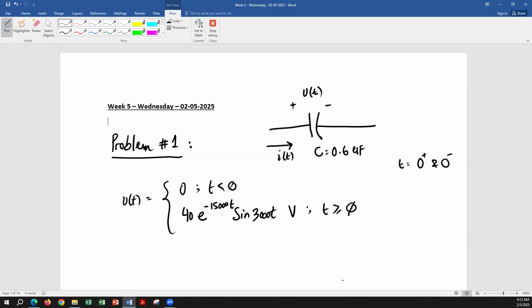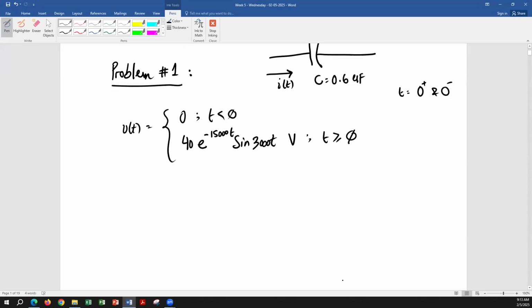So we are going to use that notation of 0 positive, 0 negative, or in general, t positive and t negative. T positive means if something is changing at t naught, or whatever you want to call that time instant, just before that time instant and just after that time instant, we will assume the value of the capacitor voltage will be the same, it will not change. And we're going to use that when we are discussing RC circuits.